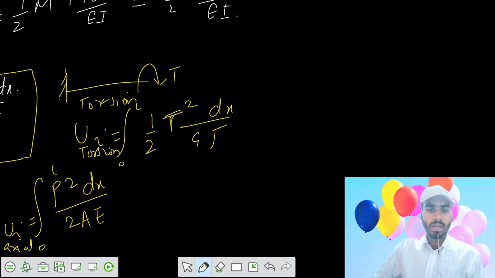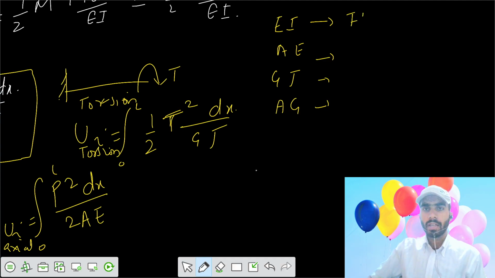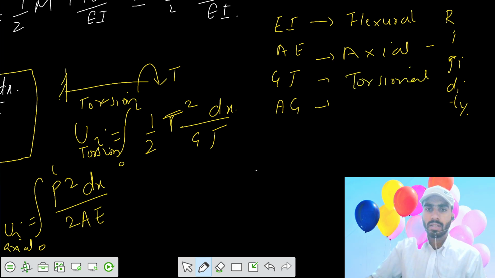We have EI, we have AE, we have GJ, and we have AG. We call them flexural rigidity, axial rigidity, torsional rigidity, and shear rigidity, AG.